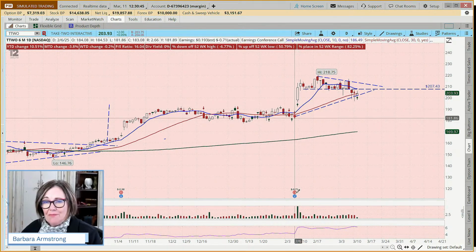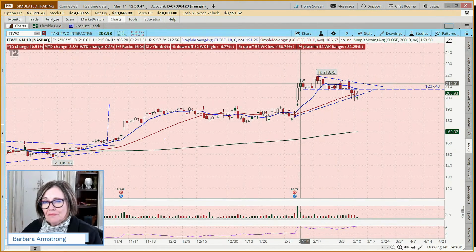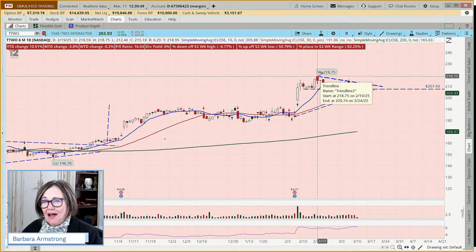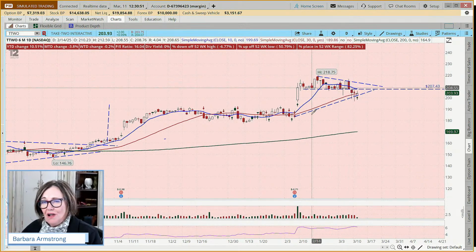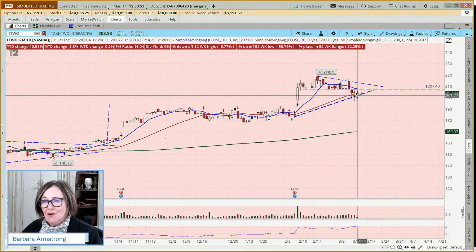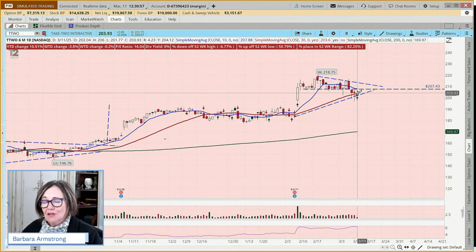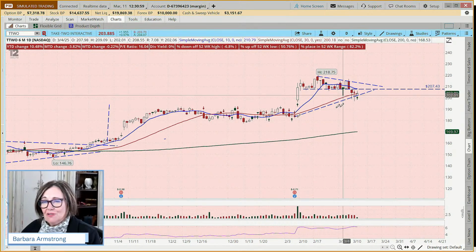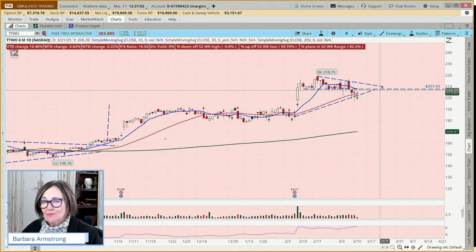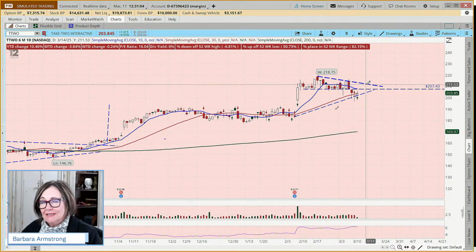Now we had a gap up on earnings, and then it hit a high here, and now we're seeing lower highs. And from this low, could this be forming a new support level? So could this be a diagonal support line and a diagonal resistance line?